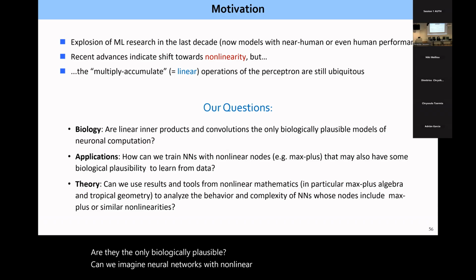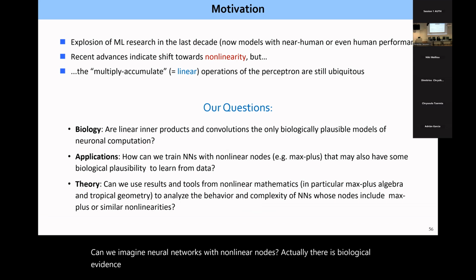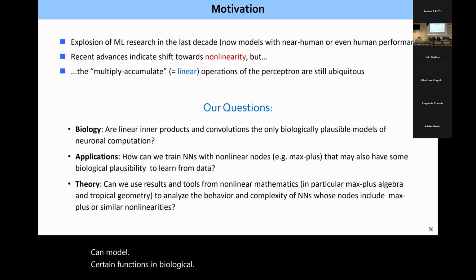Actually, there is biological evidence that nonlinear nodes in neural networks can model certain functions in biological neural networks. And how can we train them then? If we allow these nonlinear nodes to appear in the network, how can we train them?